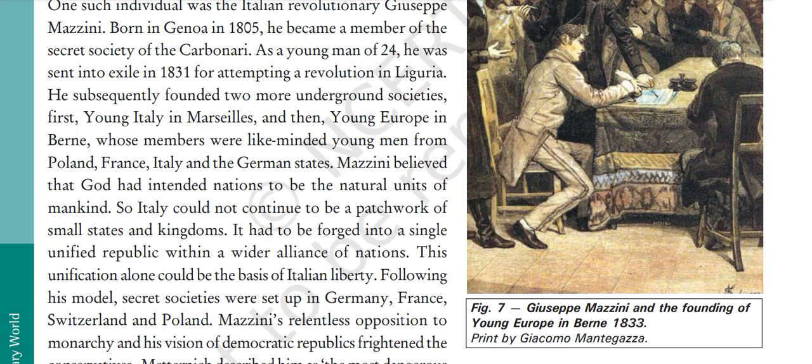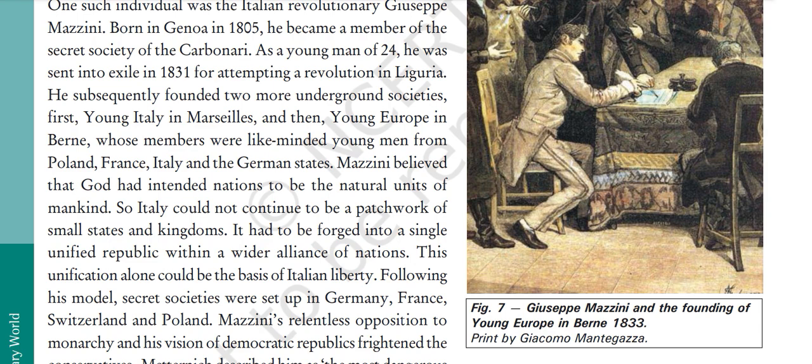Mazzini believed that God had intended nations to be the natural units of mankind, so Italy could not continue to be a patchwork of small states and kingdoms. It had to be forged into a single unified republic within a wider alliance of nations. This unification alone could be the basis of Italian liberty.